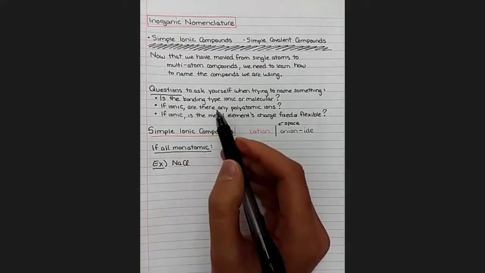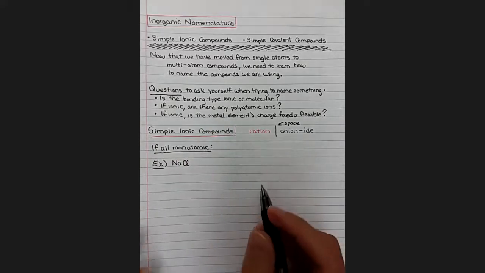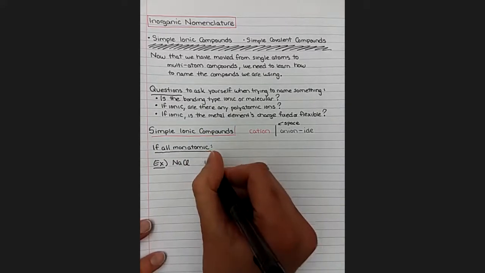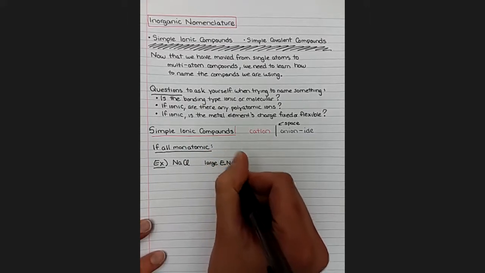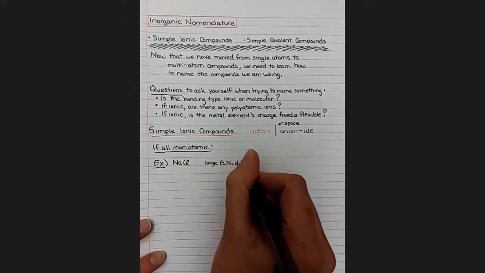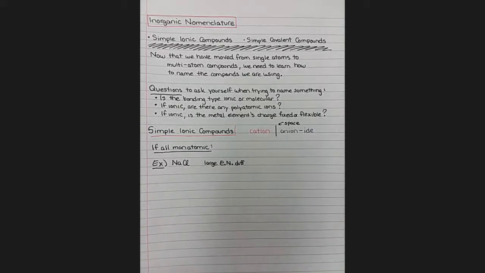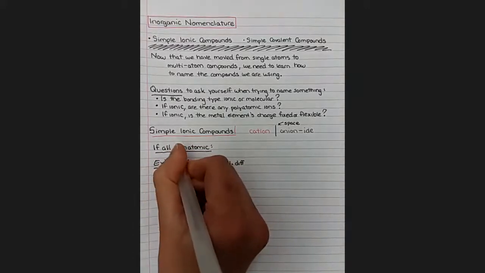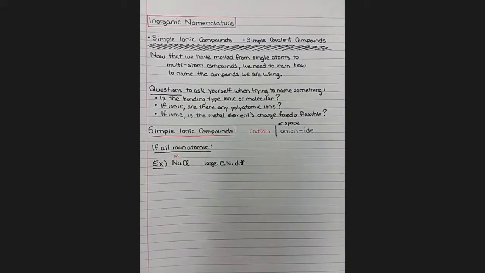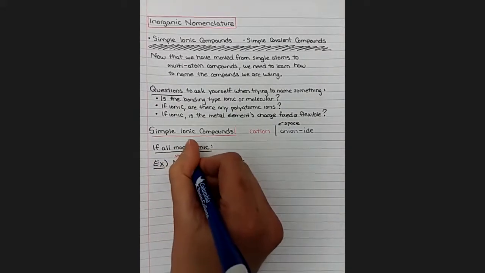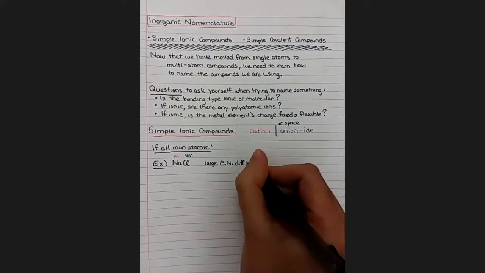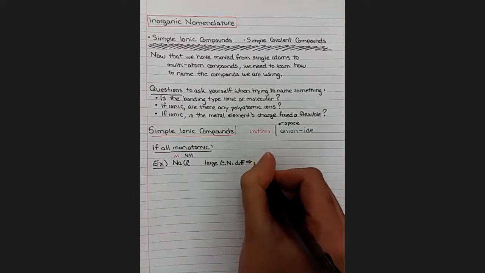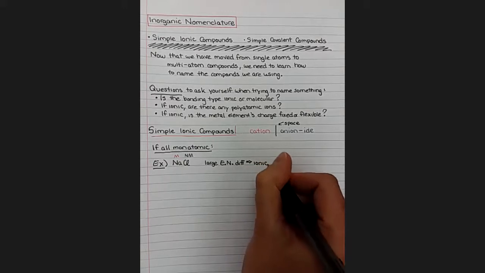So the first question is, is the bonding type ionic or molecular? And remember, we could tell whether something was molecular based on the electronegativity difference. So I think the electronegativity difference here is going to be large. Sodium is a metal, all the way on the left side of the table. Chlorine is a non-metal, all the way on the right side of the table. That electronegativity difference is going to be large. So this is going to be an ionic bonding sort of compound.